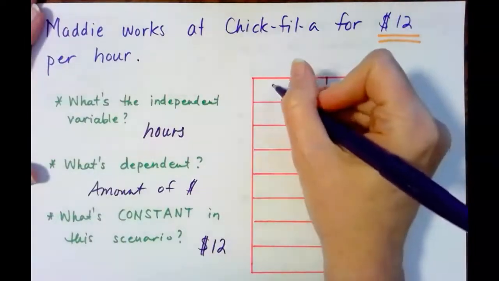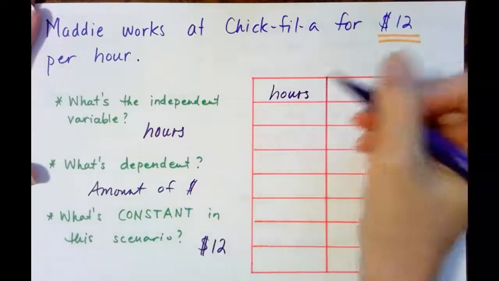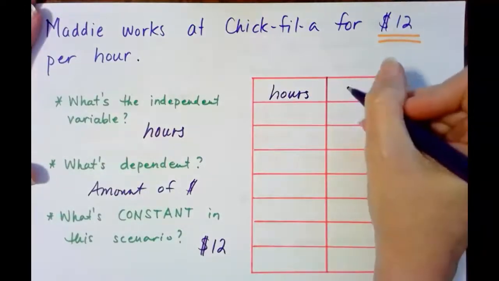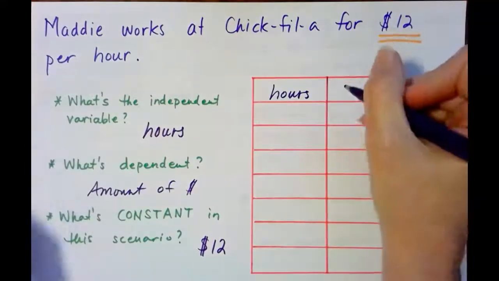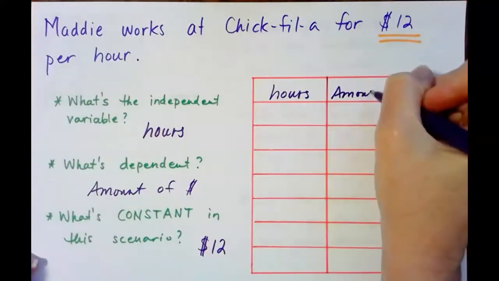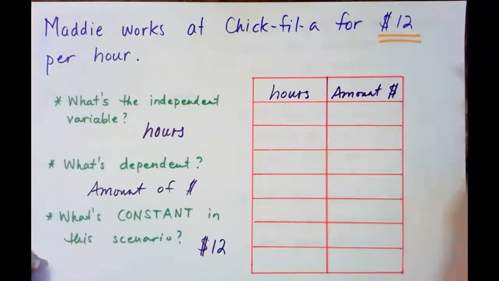So we're going to make a table here. Our independent variable is hours. Our dependent variable is the paycheck, so the amount of money she'll get paid. That's the dependent. I said that we were going to write a statement of variation, so let's do that now.